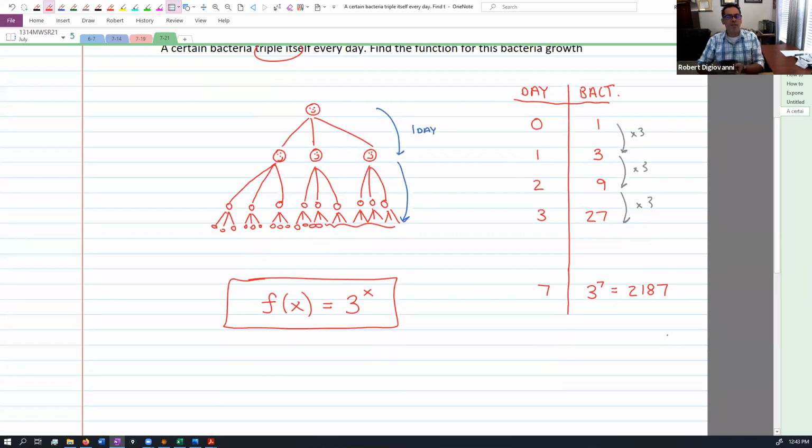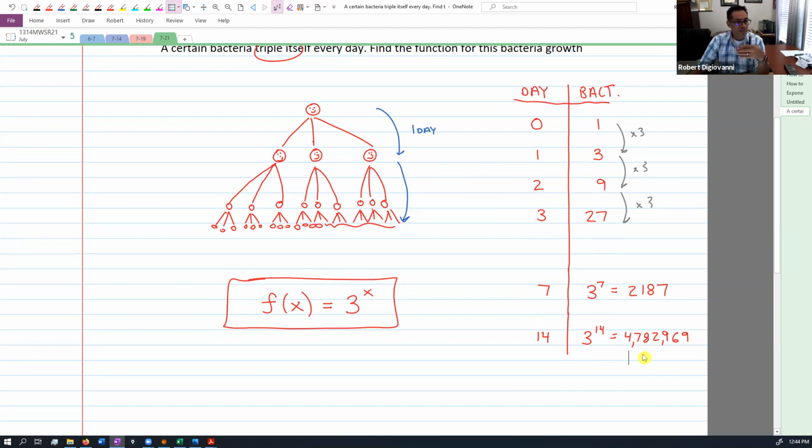How about after 14 days, 2 weeks? 3 to the 14th power. 4,782,969. That's 4,782,969 bacteria 2 weeks later. Starting out with 1, it grows very rapidly to this amount.